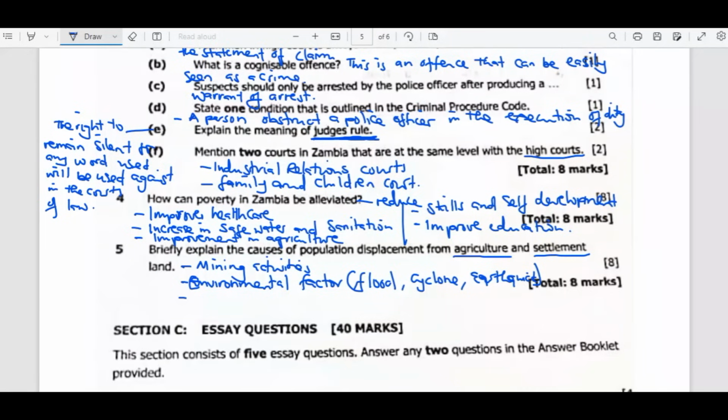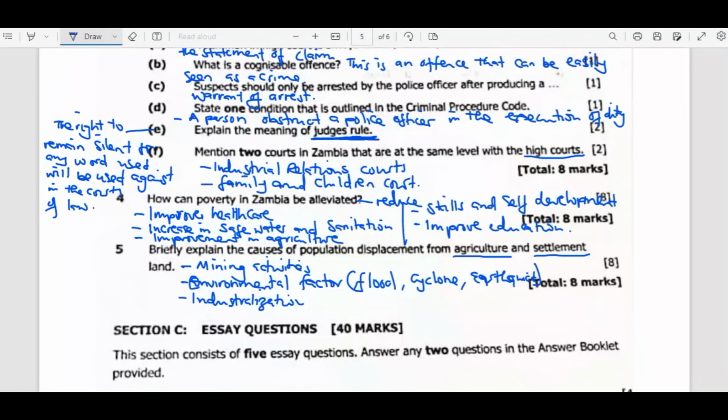Apart from that, the other one is industrialization. Each country is in this phase, more especially developing countries like Zambia, where they are developing and becoming industrialized.